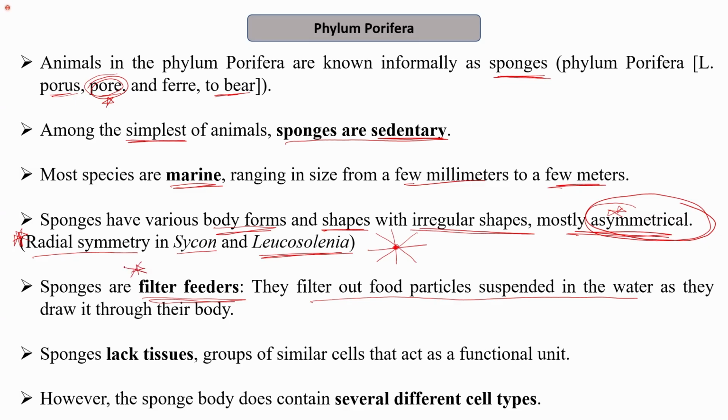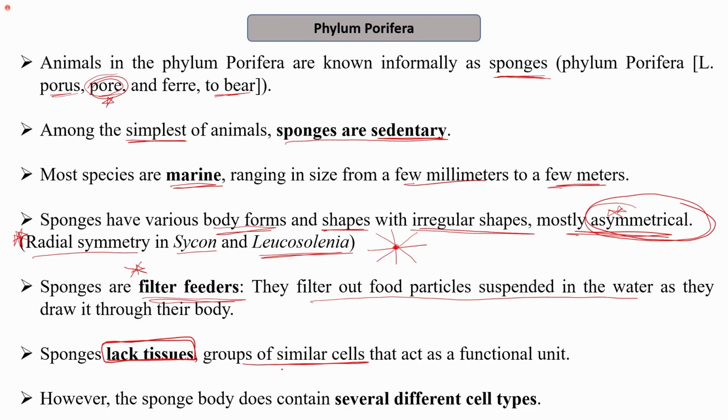I have highlighted this also. As we discussed in the previous discussion, these organisms lack tissues, that is, they have a cellular level of organization. They do not have any well-defined group of cells that perform a specific function, so there is no group of similar cells.